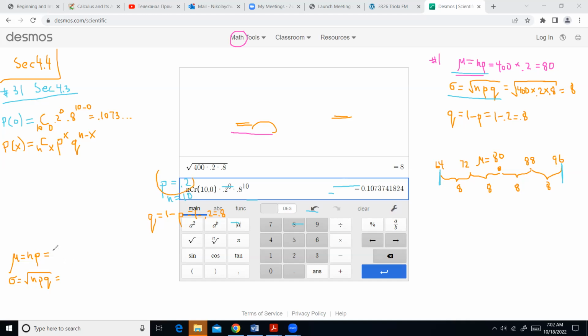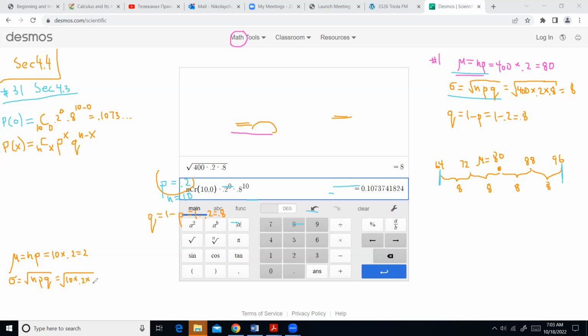So I take 20% out of 10 people, and this is going to be 2. So we actually expect 2 people to watch the show, but it may be a little less or a little more. So we can find the ballpark, which is the standard deviation.